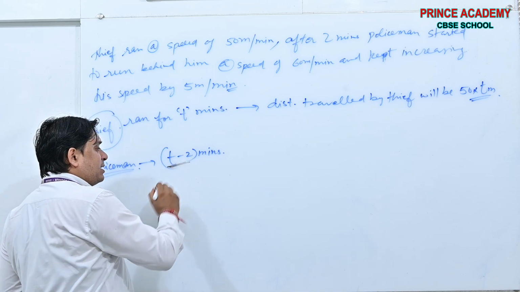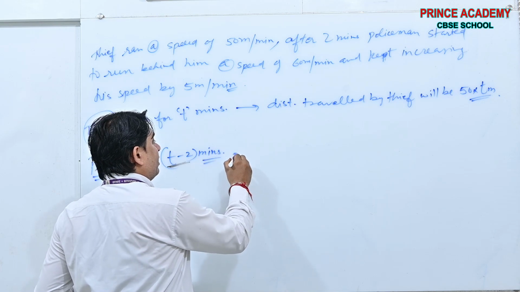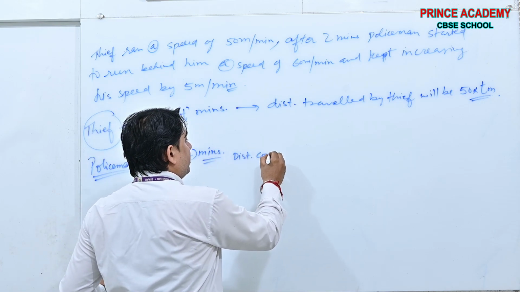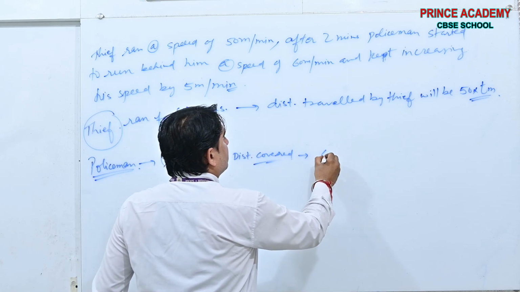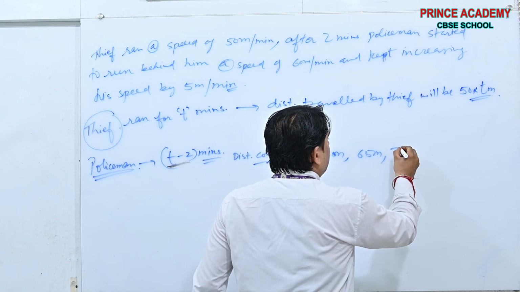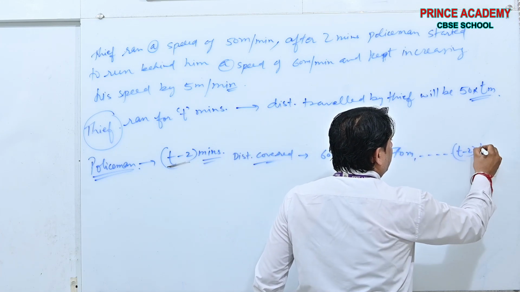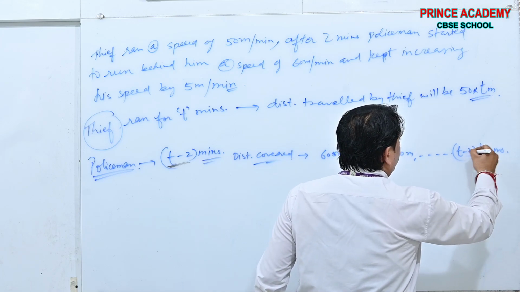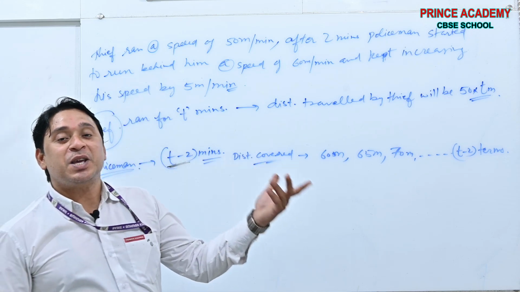Distances covered were like this: 60, 65, 70, and up to T minus 2 terms. Yes or no? T minus 2 terms, because time is T minus 2.